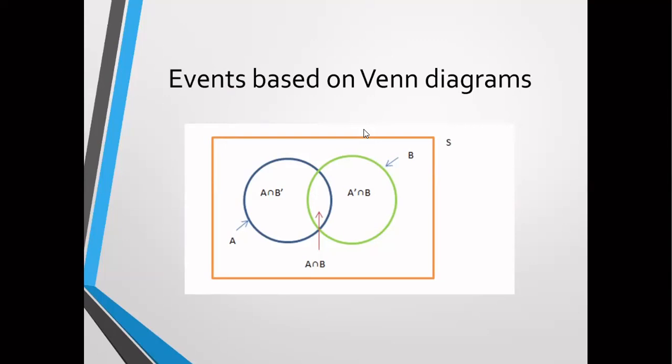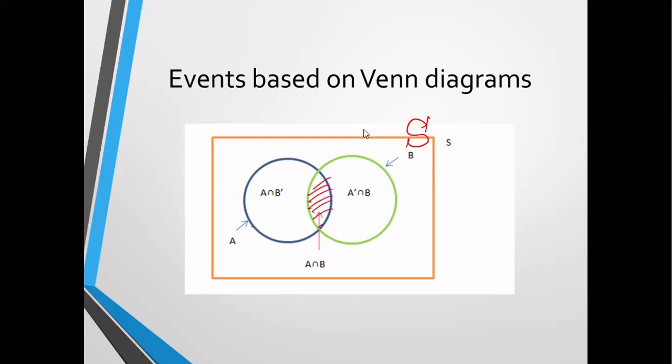Clear? Here we have used a Venn diagram with two events, event A and event B. The universal set is given, denoted by capital S, the sample space.